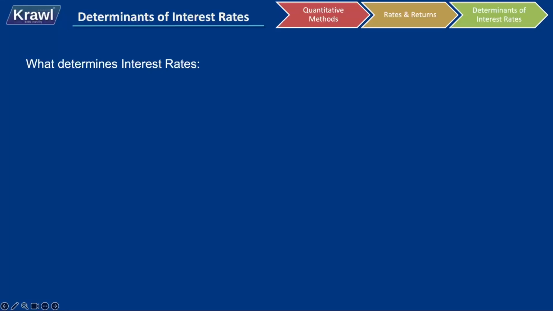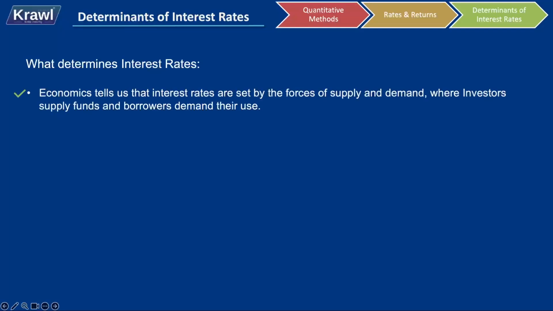But what determines an interest rate? This is something which a few of you might have an understanding of. You might have studied this in the past, but this is now building upon the base understanding that you had in the past. So what determines the interest rates?